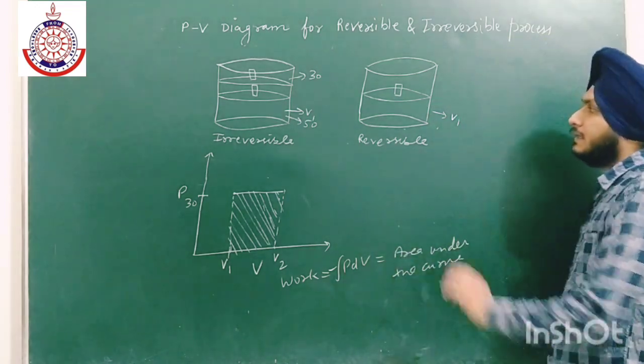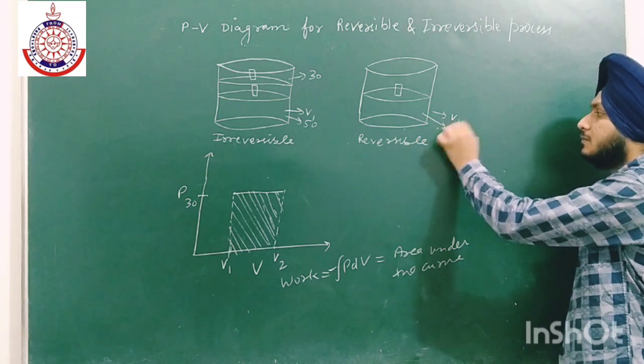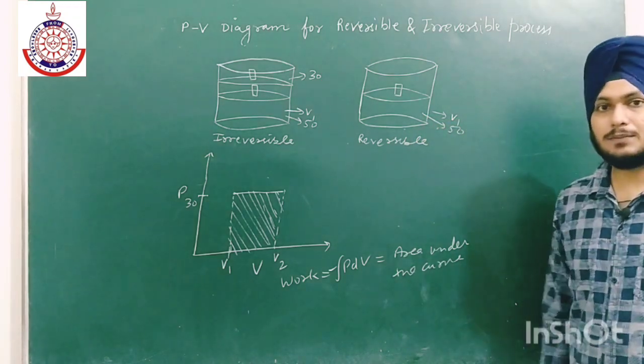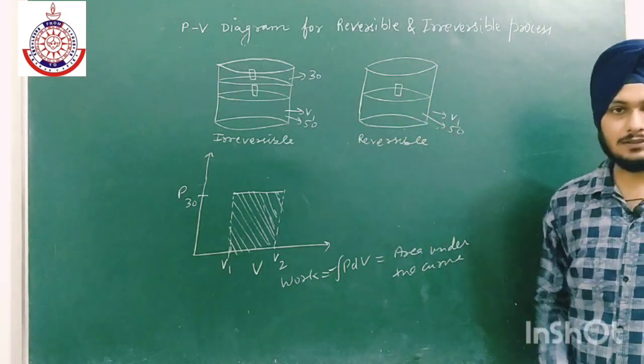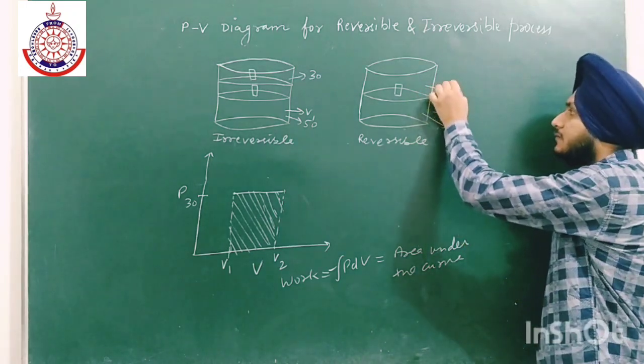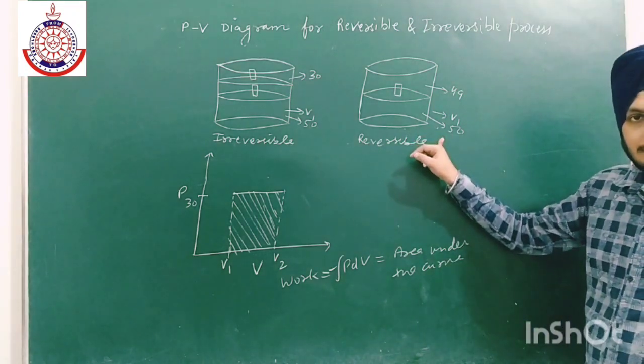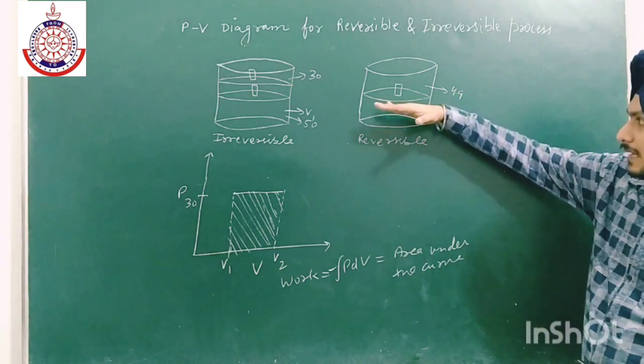Now what will happen in case of reversible? Again I am taking the internal pressure to be 50, and in a reversible process the external pressure is just a little bit smaller than the internal pressure. Let us take it as 49. So now the internal pressure is greater than the external pressure. The gas will expand.